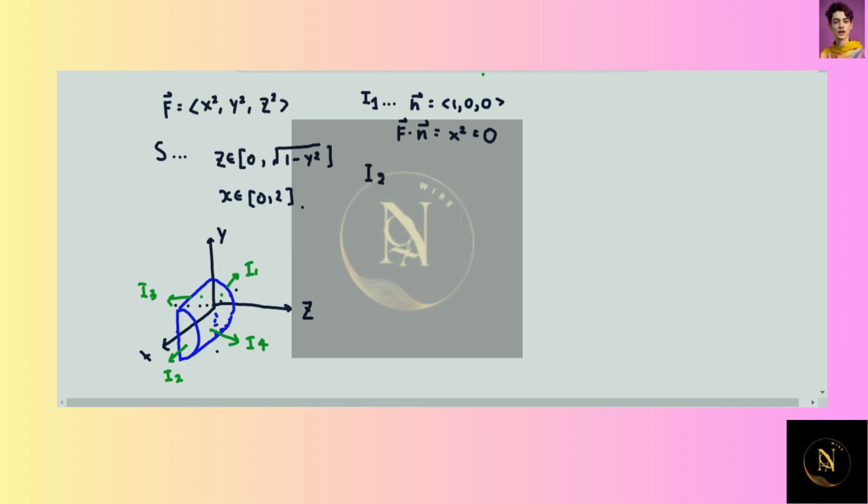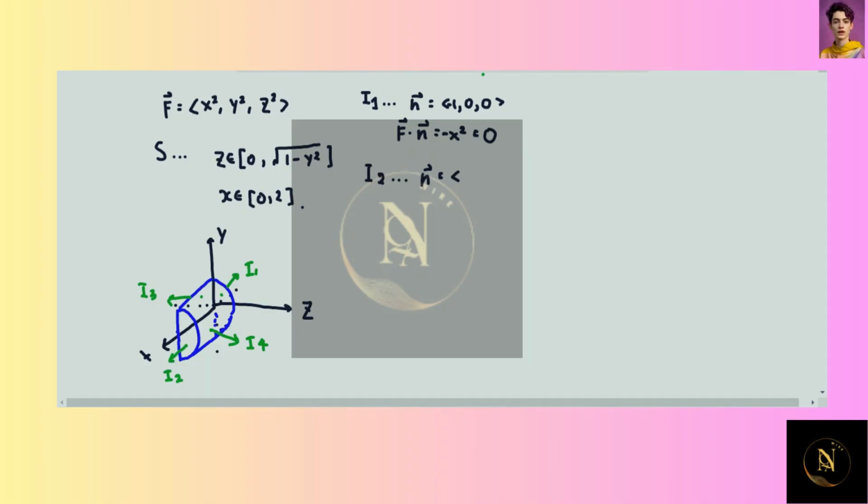I2, n is very similar. It is equal to 1. Oh, should that be a negative 1? Hold on, let me double check. Sorry, yes, that should be a negative 1. So that's a negative x squared because it's heading towards the backwards, okay?